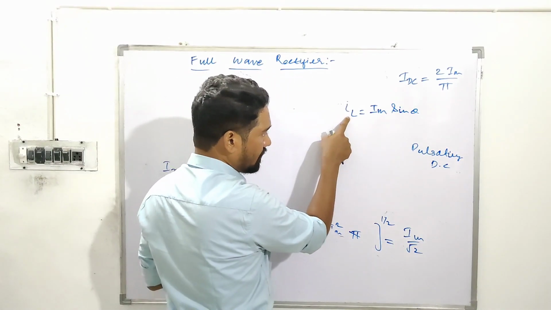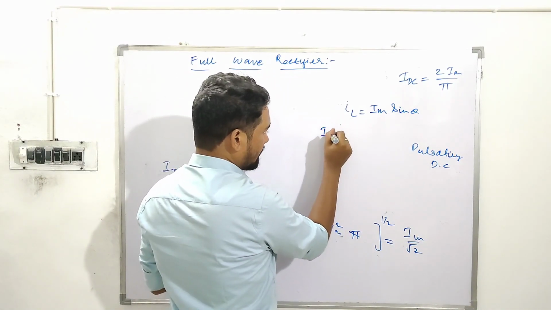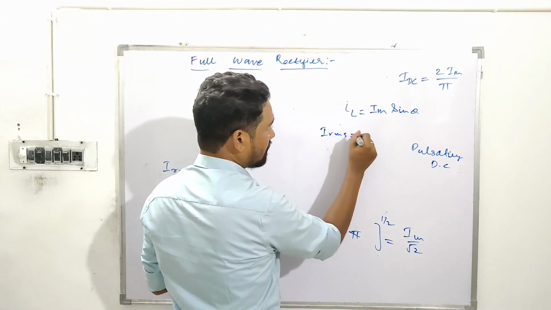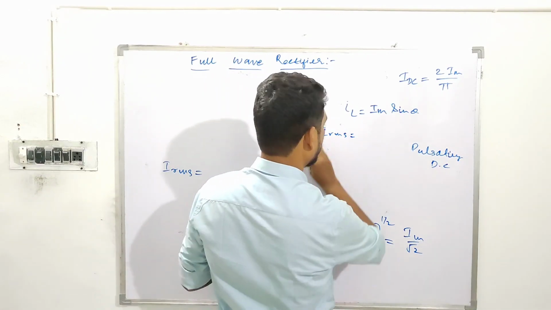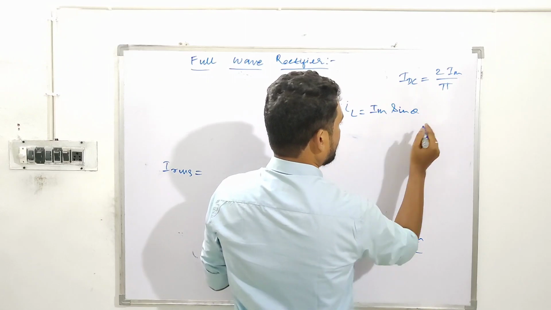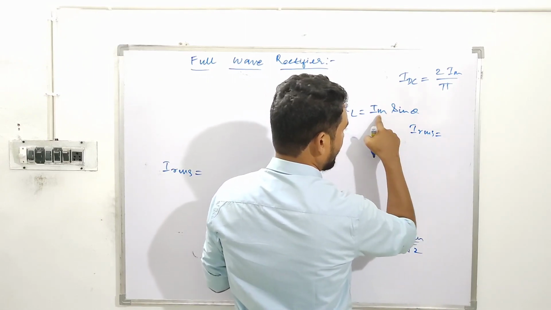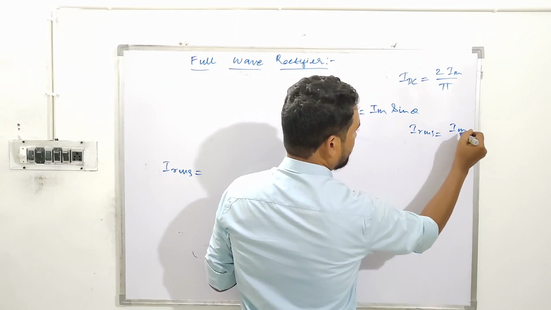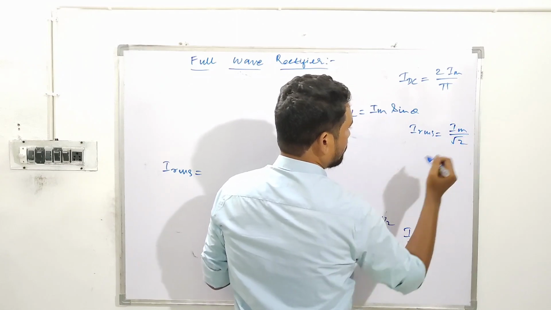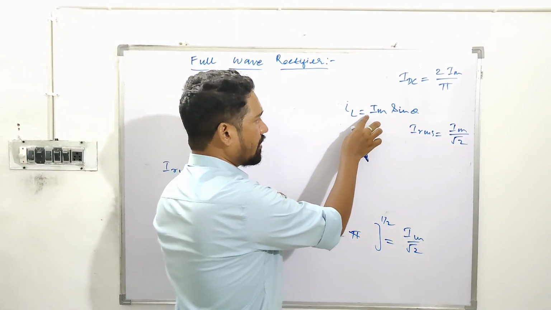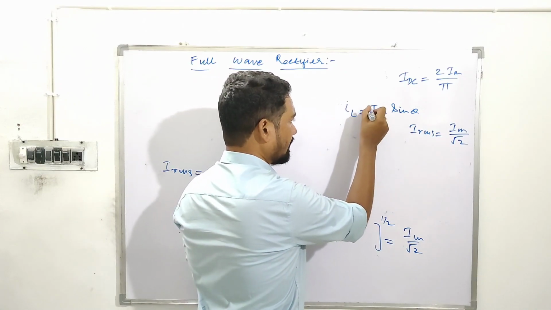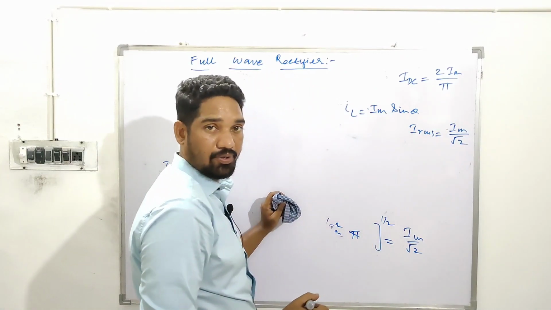So the RMS value of this one, IRMS, is equal to, let me write over here, Im by root 2. There is a 1 here and a 1 has appeared over here.